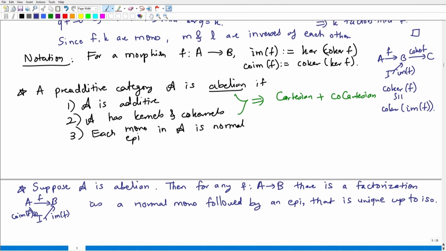Image is not going to give you anything different. Up to isomorphism it will be equal.